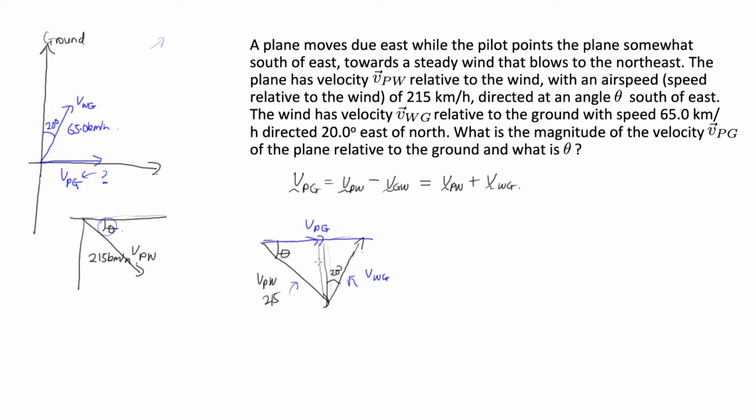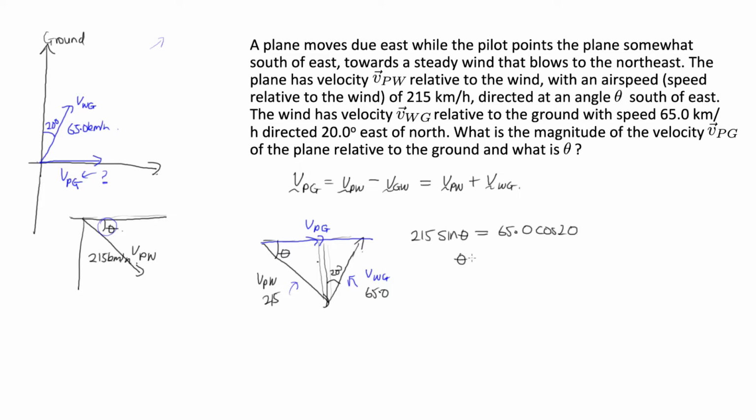So we can write this side of this triangle as the opposite, so sine of theta times 215 is equal to this side of this triangle, so it's next to this one, so this is equal to VWG, which is 65, so this is 65.0 times cos 20.